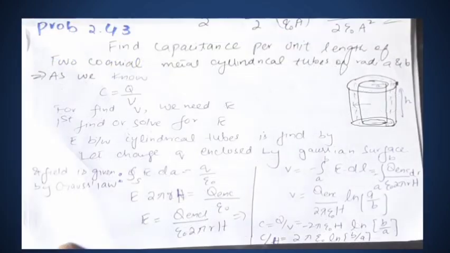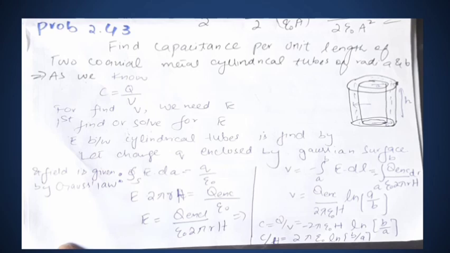Now the next problem, 2.43, which is taken from David Griffiths' book Introduction to Electrodynamics. Find the capacitance per unit length of two coaxial metal cylindrical tubes of radii a and b. So here we have to find the capacitance of two coaxial metal cylindrical tubes having radii a and b.